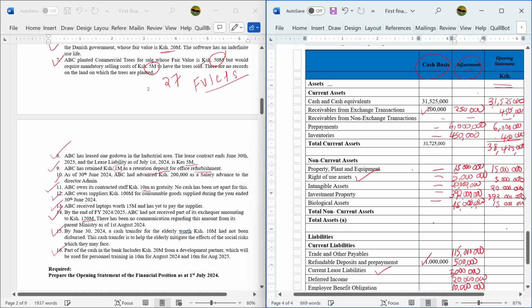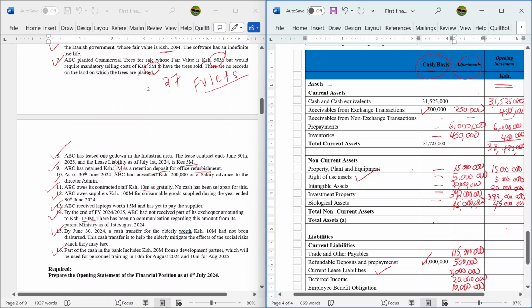So let us total these figures. 15 million plus 5 million plus 20 million plus 392 million plus 45 million.